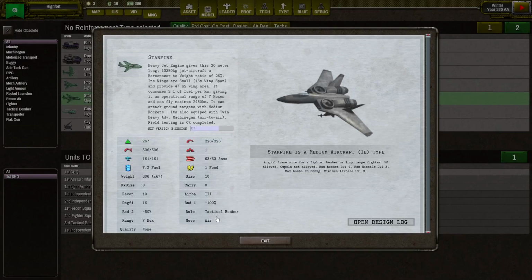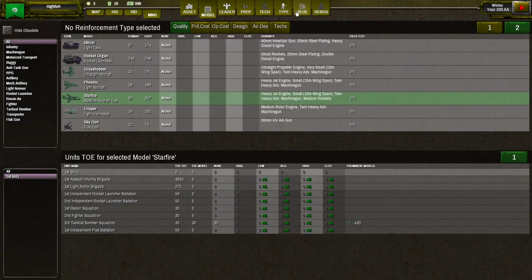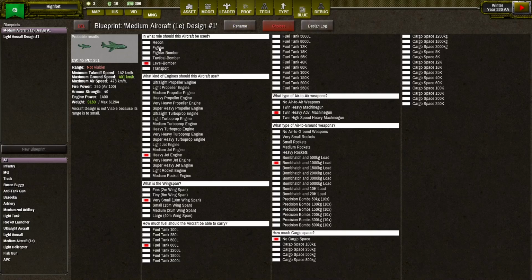It's important to understand that the role is not only a description, but it affects three elements in the game. So if we design a new aircraft, and here we decide what's the role, and if you click here, nothing changes, it doesn't affect any statistics, so it might feel like a bit of a strange section, but in reality it's quite important because this decision here affects the altitude on which the unit will operate, and transport and level bombers are operating on the high altitude and the rest on the low altitude.